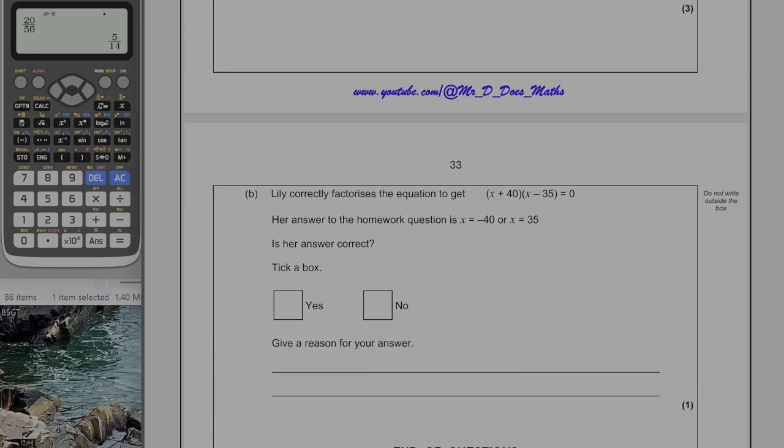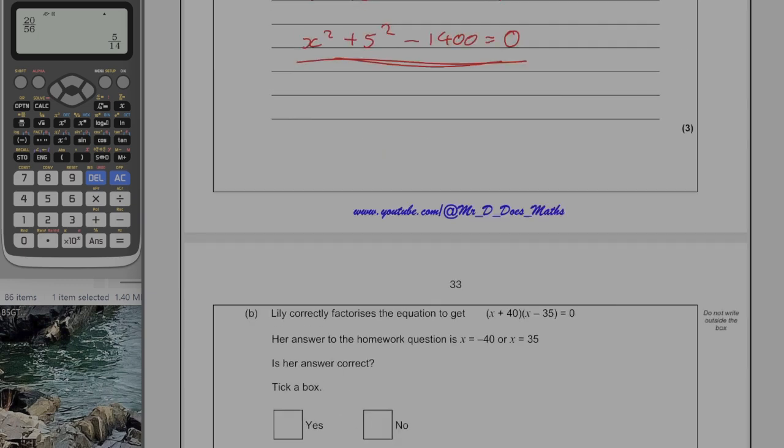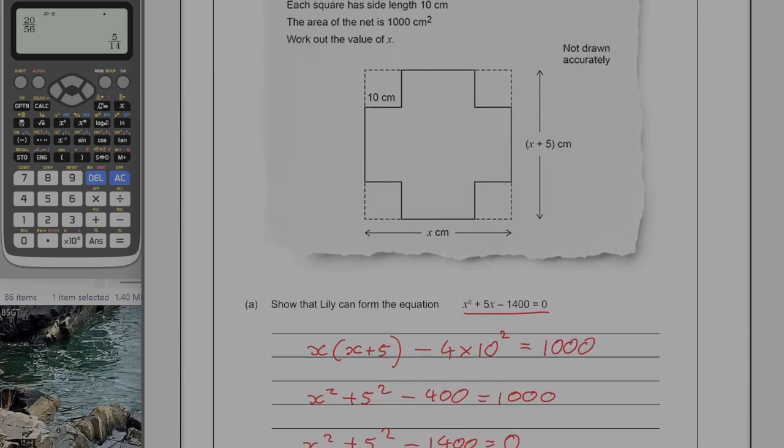Lily correctly factorizes the equation to get this. Oh, that's nice. I thought they were going to ask us to factorize it. Her final answer for her homework is x is equal to minus 40 and x is equal to 35. Is her answer correct? No. If we think about it, the length of x can't be a negative number.